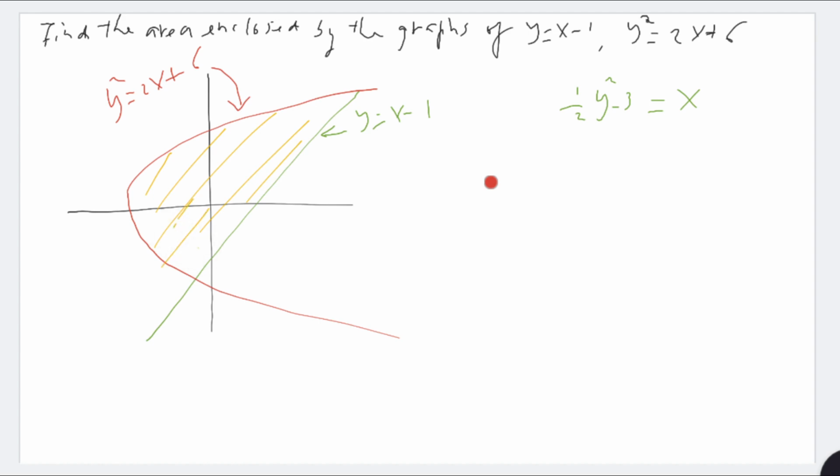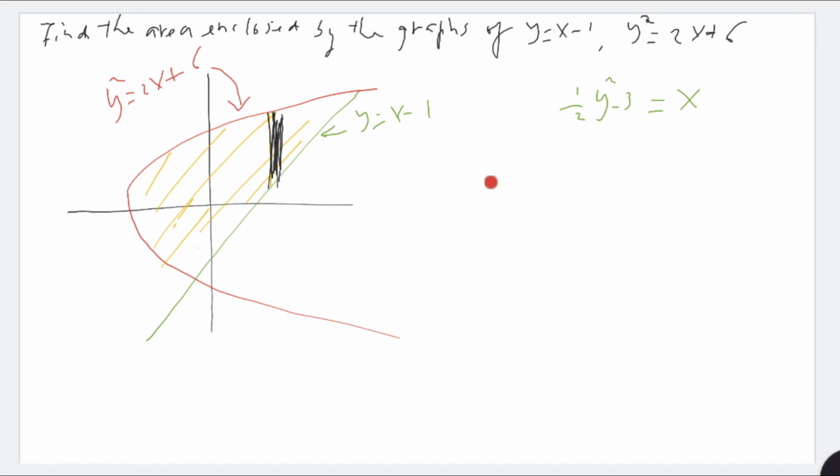Well, this time though, you can see it's not a good idea to use a vertical strip, because let's have a vertical strip for now. The bottom of the strip would jump from the red one to the green one if you move it across from left to right, right to left.